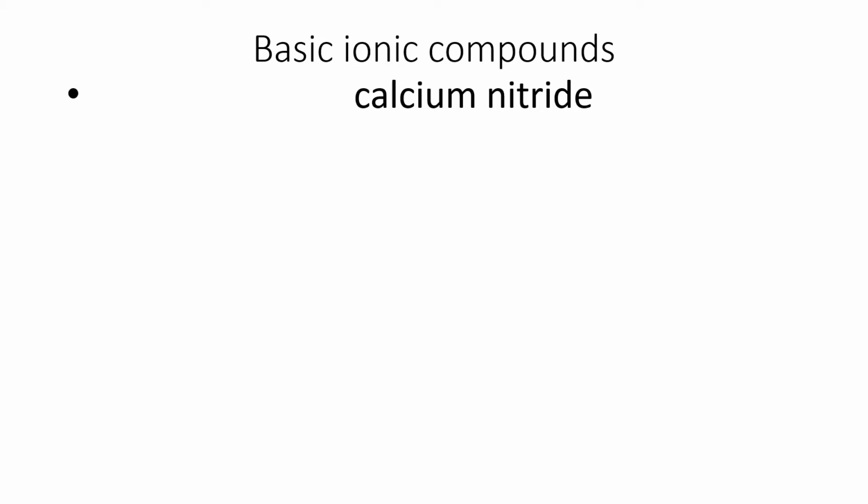So calcium, we know, is in group 2A. Things in group 2A have a charge of +2. Nitride, well, that came from nitrogen. That's from group 5A. We said things in group 5A have a charge of -3.